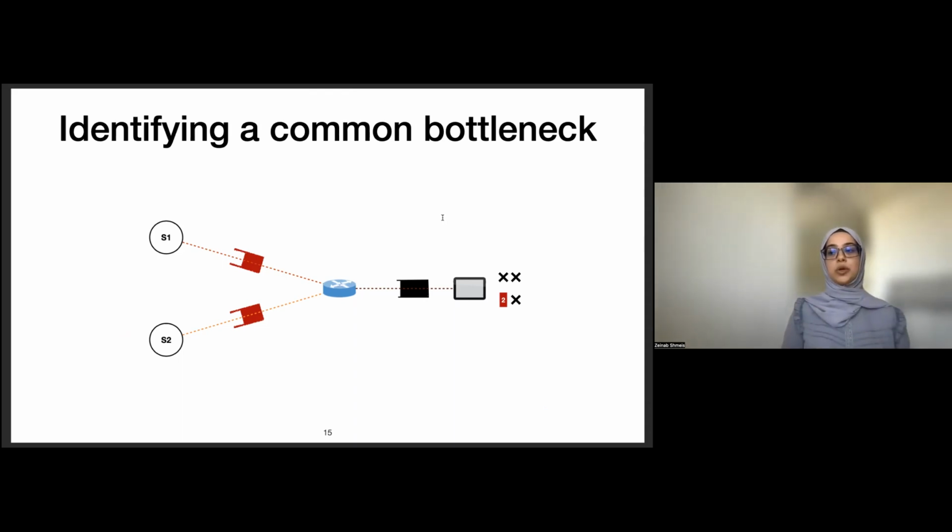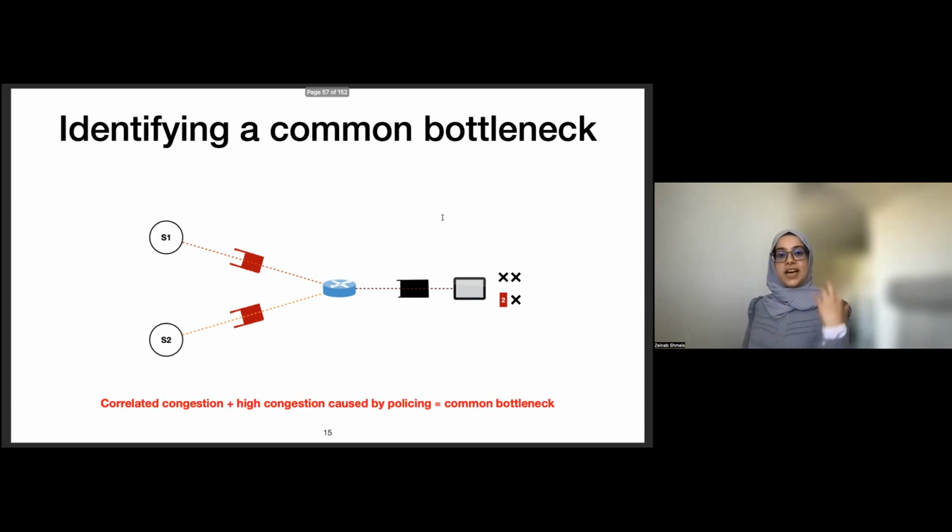Let me illustrate more. What a policer does is that it receives aggregate traffic coming from different places, and it tries to limit the rate of that traffic. As a result of that limiting, packets will experience high loss. So a policer is usually responsible for the majority of the loss that the traffic will experience.